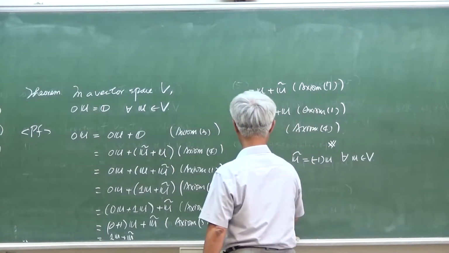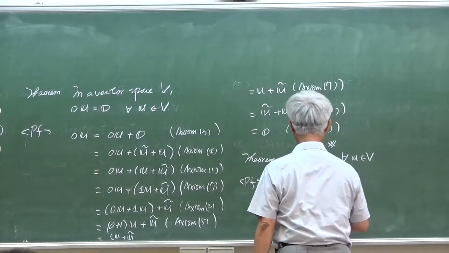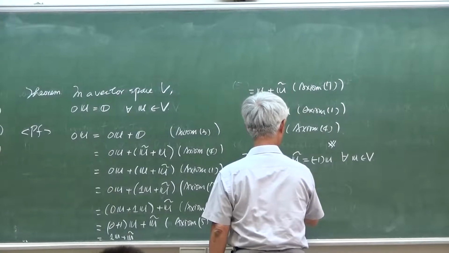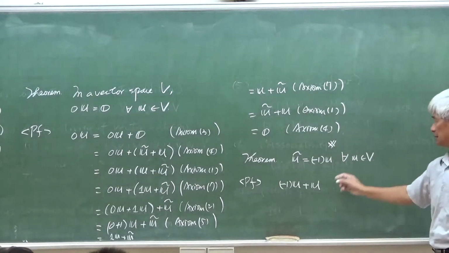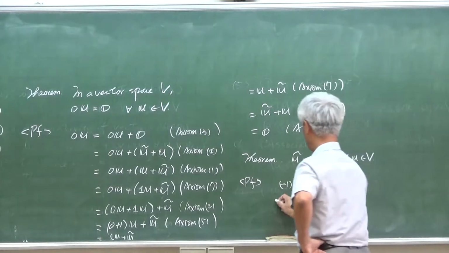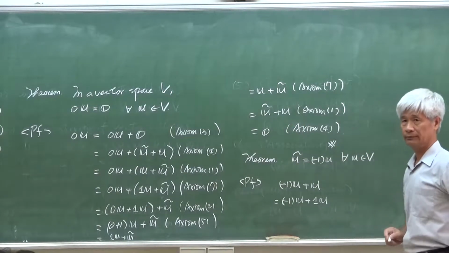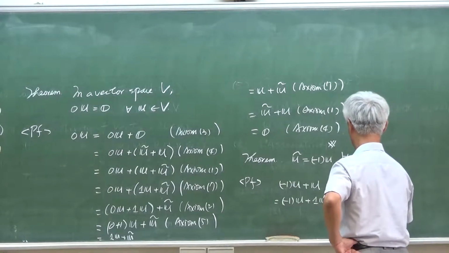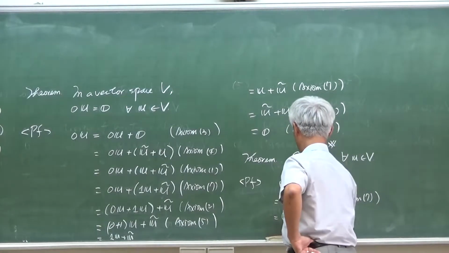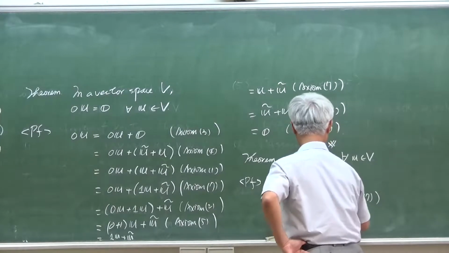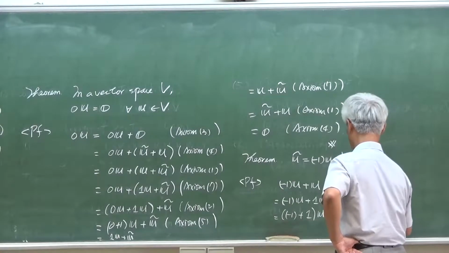All right. So this is true. So we just check whether this is equal to 0. So this is 1u, right? By axiom 7, the unitary property. And now by the distributive law, axiom 5.